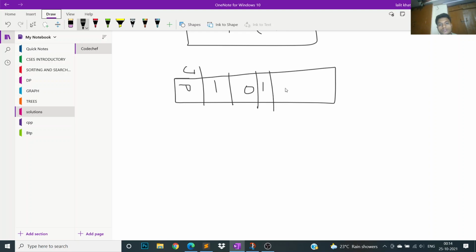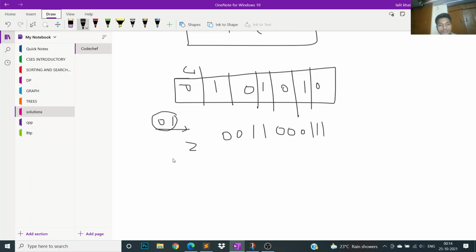So in the final array we are just given this much. So what is the result? Maximum 0 and 1 count, like 0 0 1 1 0 0 0 and 1 1 1.